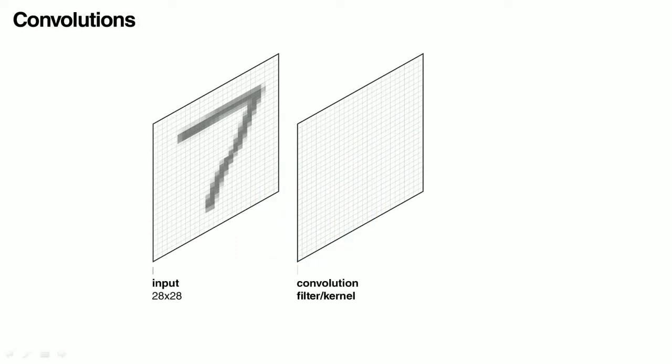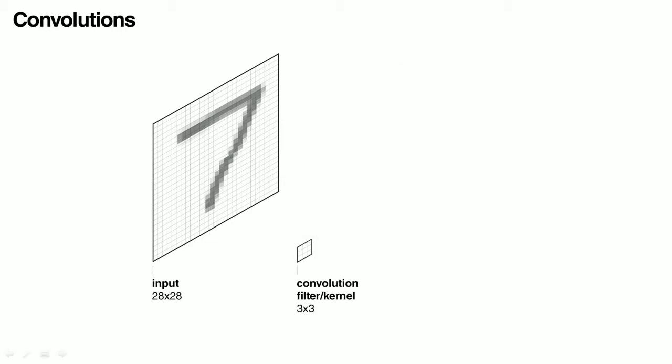Well, if the filter is the same size as the input, then that would be no different than a normal neural network where we don't have any parameter sharing. But if we make it smaller, then we have much fewer weights to learn, and we can actually share them. So let's go with this 3 by 3 filter.